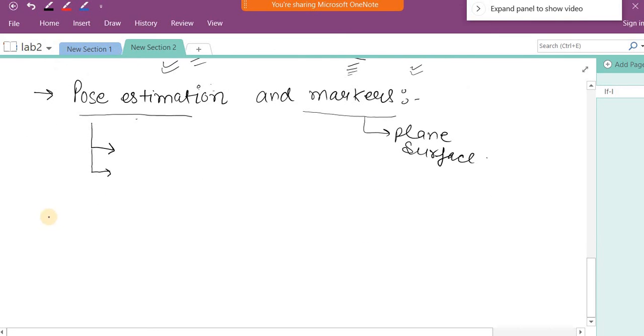So from the technical point of view, I will write it there such that you can write things in the exam in a proper manner.